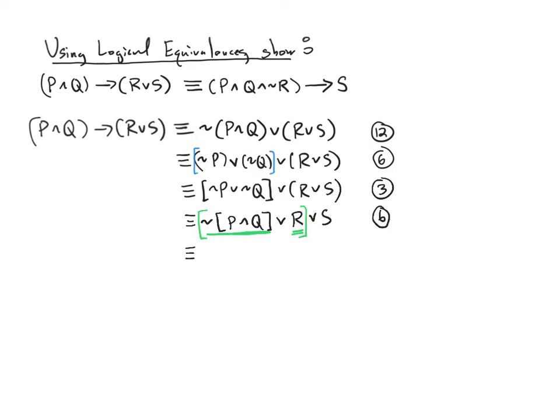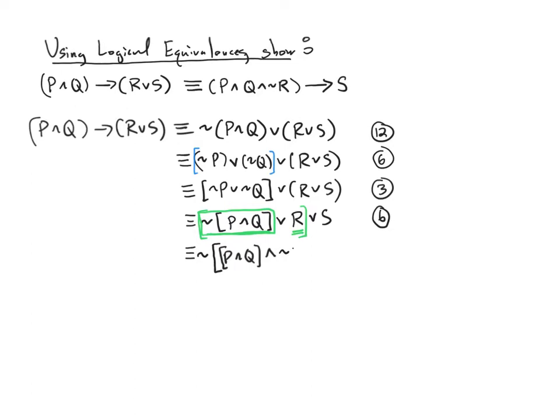So this becomes the negation of, and I'll use big square brackets again, the negation of, well, here I have the negation of P and Q, so it's not P and Q. Remember, I'm treating this as one object, so the negation of that is just P and Q. Switch the logical connective, or becomes an and.